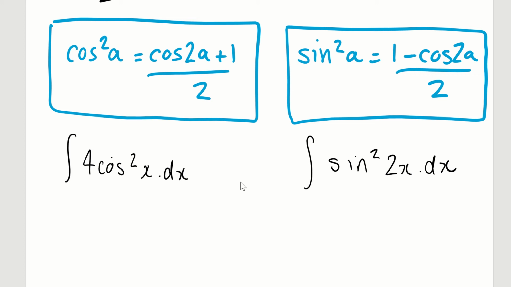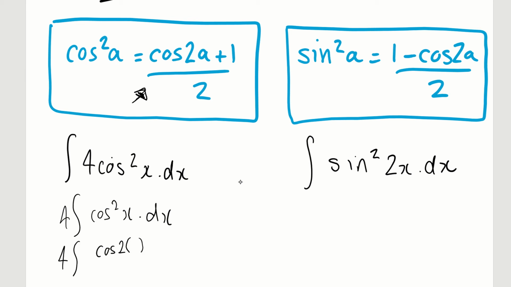So for instance, let's look at this first one. We have to integrate 4 cos squared x. I could just take the 4 out the front and say, well, now that's just 4 times the integral of cos squared x. And I know the integral of cos squared x is equal to this. The whole idea is that we're getting rid of the power. We don't like powers really when we're integrating. So now I can say, well, that's really the same thing as 4 lots of the integral of cos 2a plus 1 on 2, and I'm just going to leave a as brackets for now.